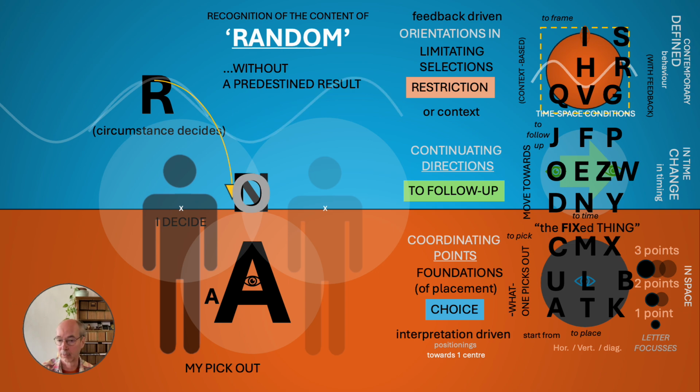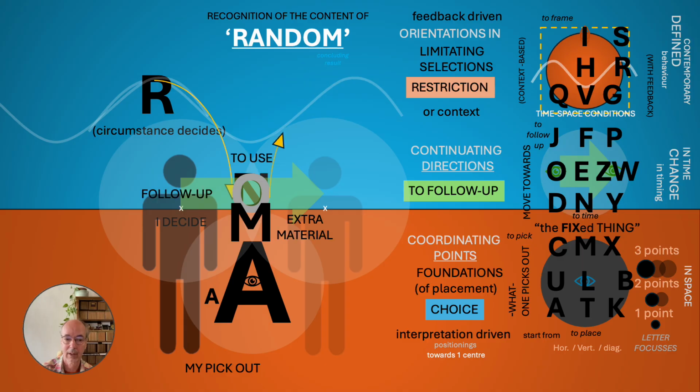The O is also at that position of let's see what I can do in a way. Let's see what I can do towards the future from my point of view, in timing and so on. So in the process that will happen from there. And then the M, in the end, will be the material that will come out of it, the extra material.